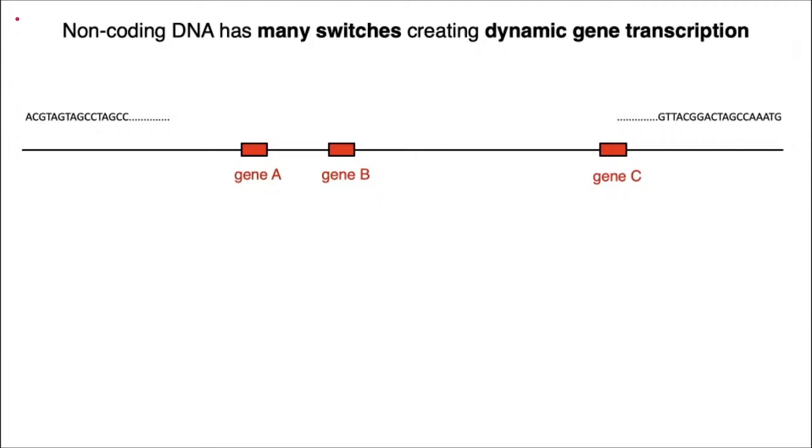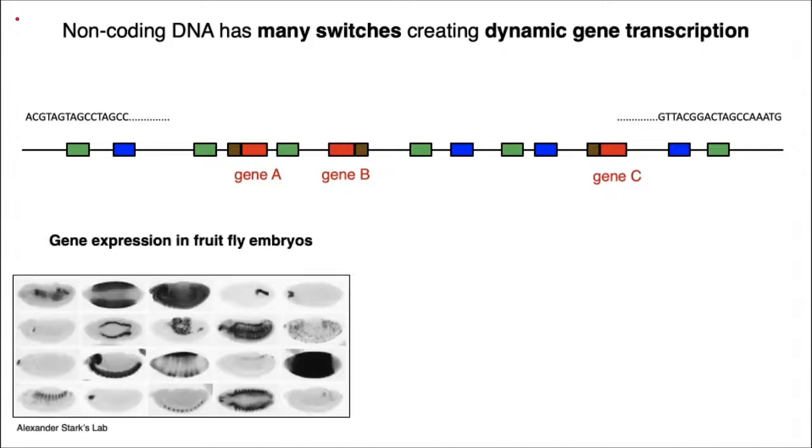Okay, so we went from a picture where we have certain genes in the chromosome, in the DNA, to a picture where we have a lot of other elements that regulate when and where these genes are active. Just to give you an overview of how diverse these enhancers can be, here is a panel of lots of fruit fly embryos.